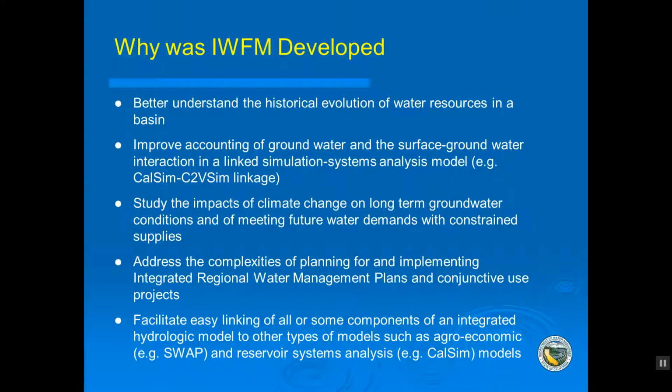So most of the time when you start looking at future planning in California, for instance, you can't look at the system, particularly the Central Valley, without looking at the reservoirs, how the reservoirs are operated. So that basically immediately brings the need to link an integrated hydrologic model to a reservoir operations model. And some people are interested in the economic impact of, for instance, the past drought.